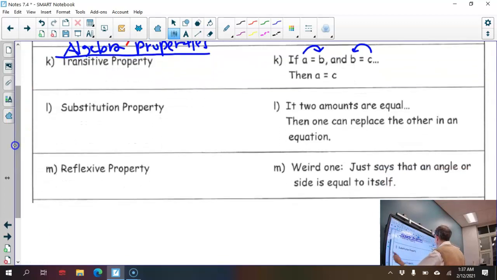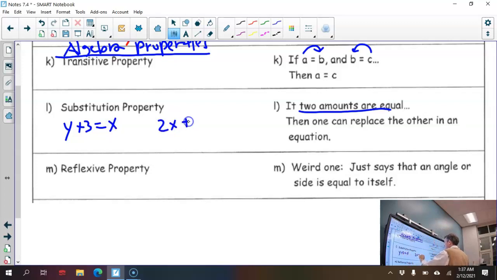The substitution property is one that you should know well because we just got done solving systems of equations by substitution. It says if two amounts are equal, then one can replace the other in an equation. For instance, if you have y plus 3 equals x, and you have 2x plus 4y equals 50, then you can take this because it's two amounts that are equal.